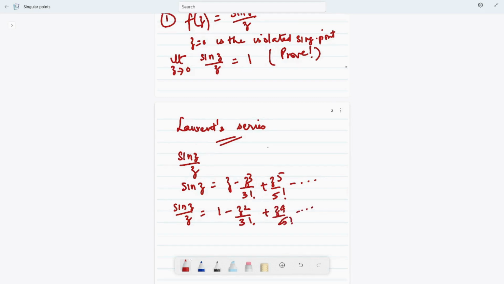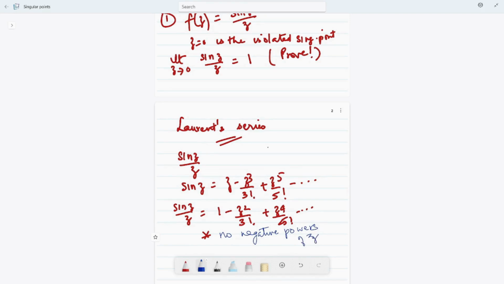Now, when you look at this series, you can see that there are no negative powers of z in this given function.